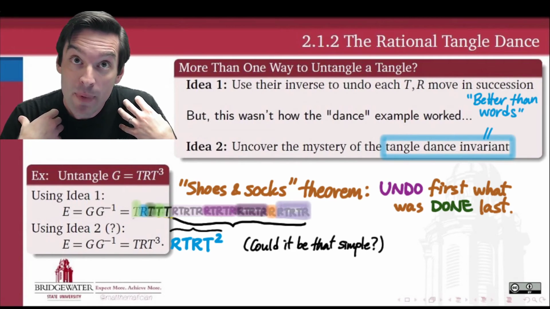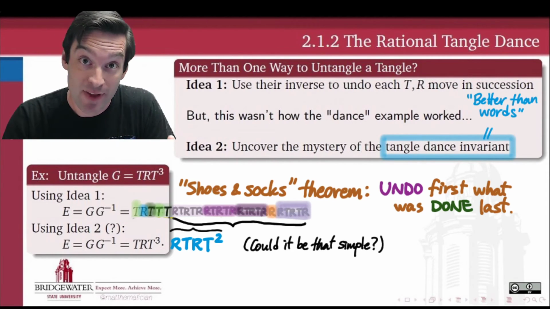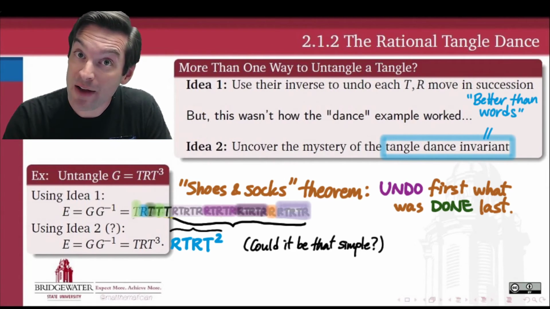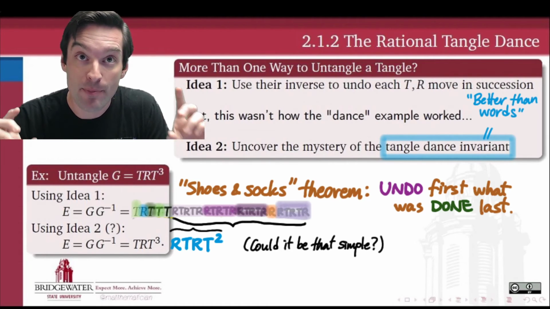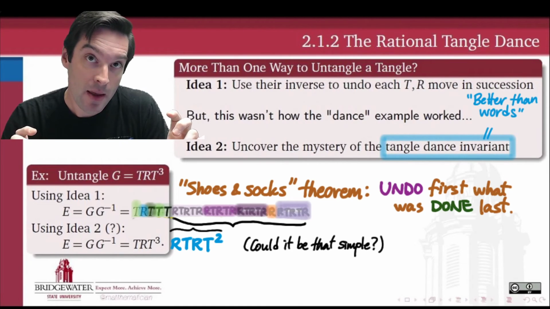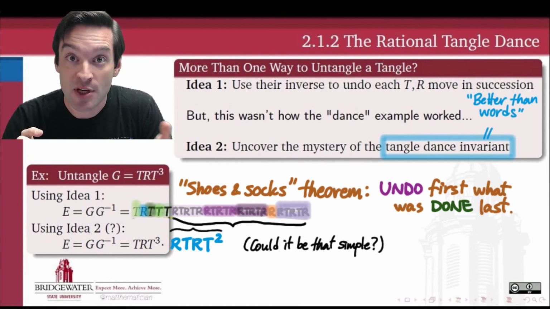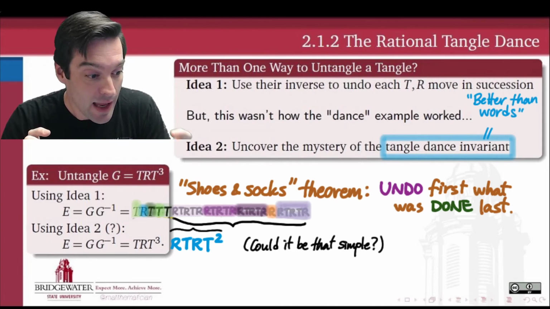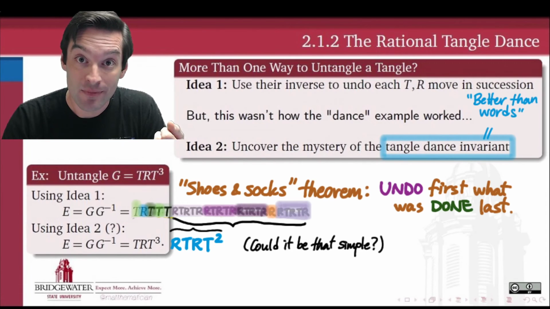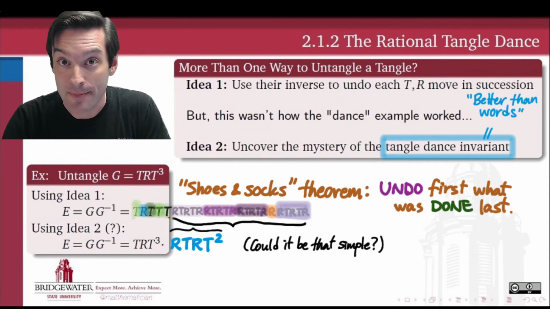I did it by coming up with a better way of representing rational tangles. Instead of using words built out of these letters T and R, and those words can be very, very long and actually not very illuminating, what we want to find is a better object to represent tangles with. Better than words. Specifically, if I can find a kind of object that also has an arithmetic or algebraic structure to it, we're going to find that rational tangles can be adequately represented by rational numbers, which is where rational tangles get their name.